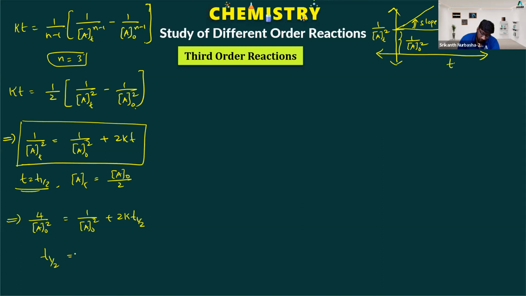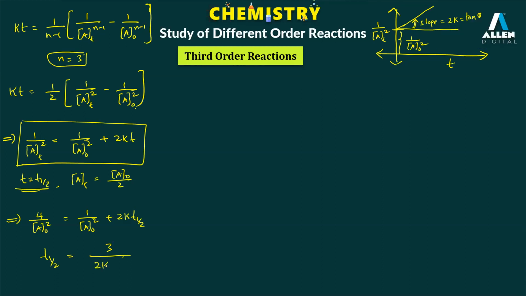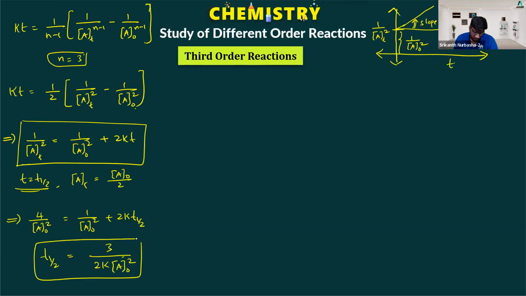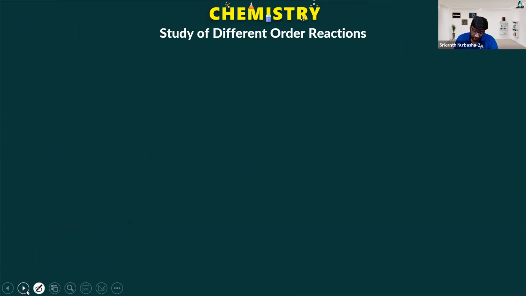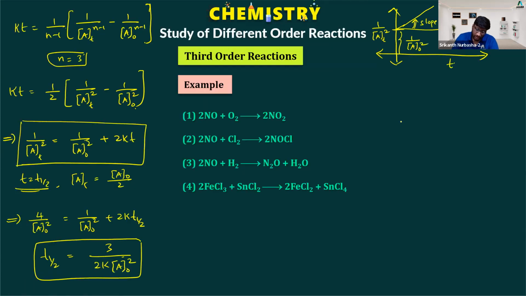So what is t half? 3 by 2k A naught square. Yes. Similarly, if you try to plot a graph between t half and 1 by A naught square, you will get a straight line.